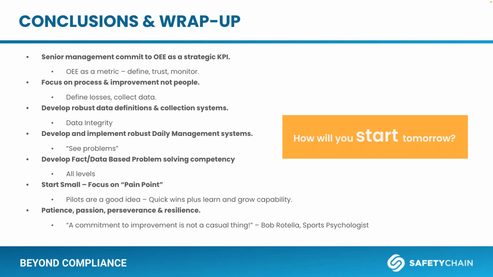So this is getting into definition of losses and collecting data and getting at root cause using facts and data. Develop robust data definitions and collection systems. That data integrity is critical. We need to trust the data. Daily management systems I mentioned, so that we can see problems and we can integrate problems into new standards.